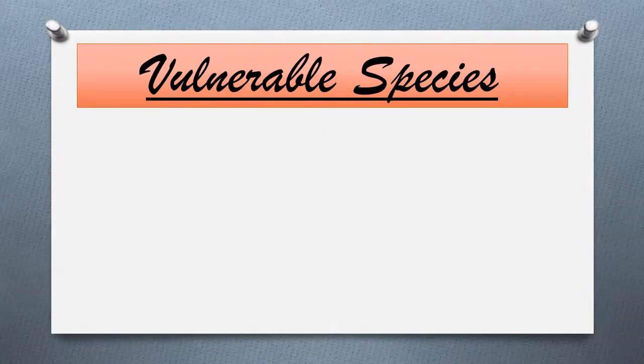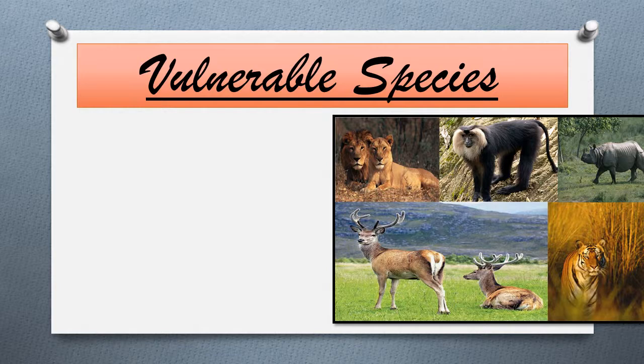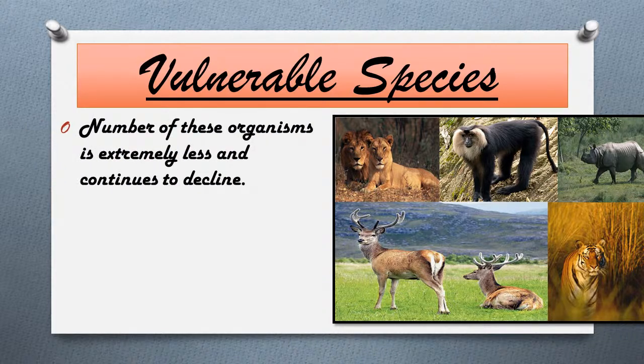Okay, now the third one is vulnerable species. Now what are these? Here are a few examples of vulnerable species: lion, monkey, rhinoceros, tiger and deer. Students, the number of vulnerable organisms is extremely low and continues to decline.